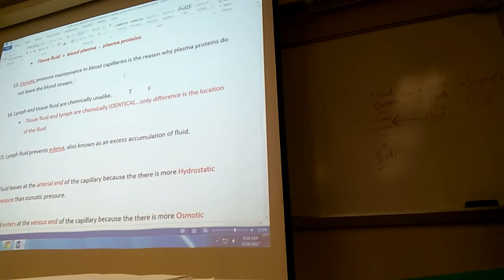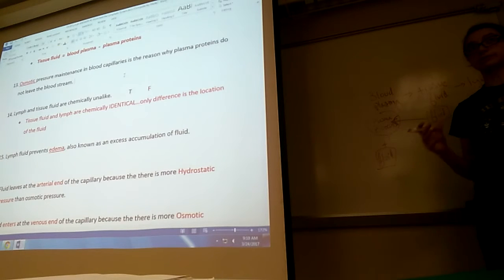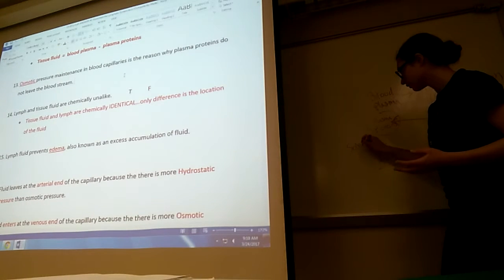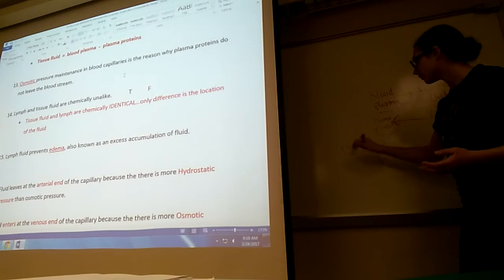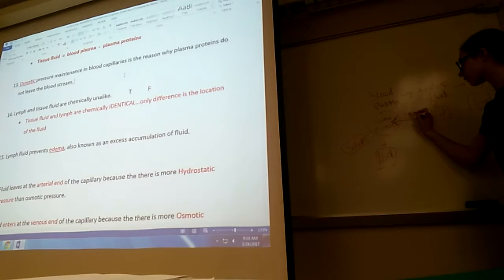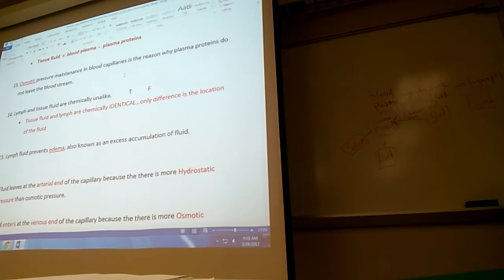This is true because whenever there is a solute, and plasma proteins are a solute, that's going to maintain osmotic pressure. Does that make sense? The pressure is osmotic. That's important in this chapter.